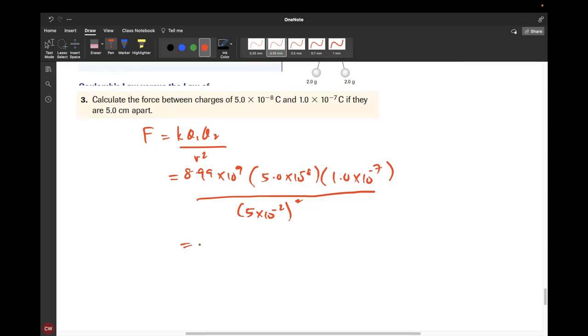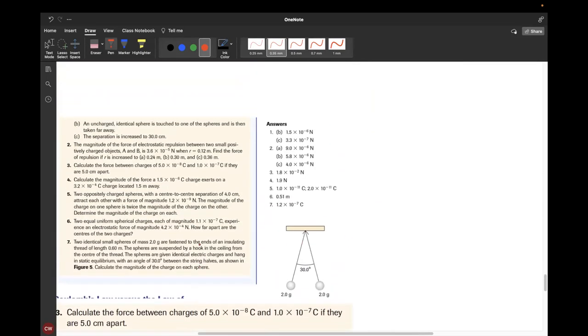Chen Xin, get the answer. What is the force?